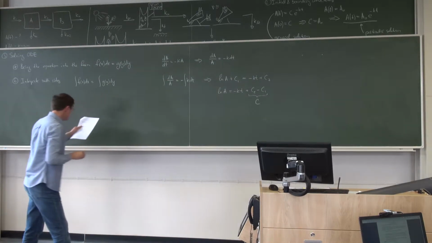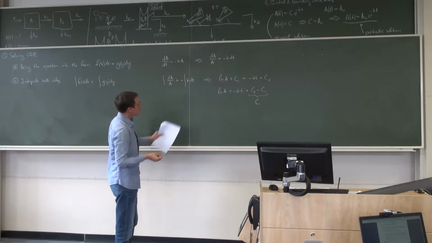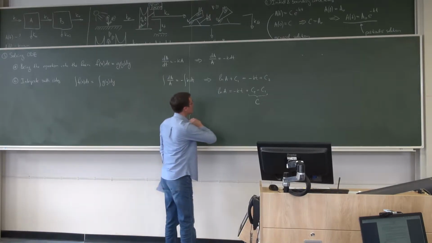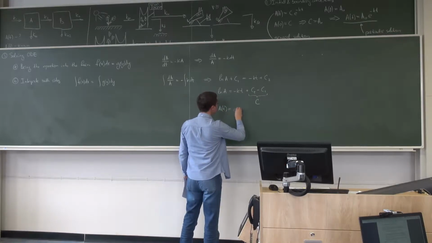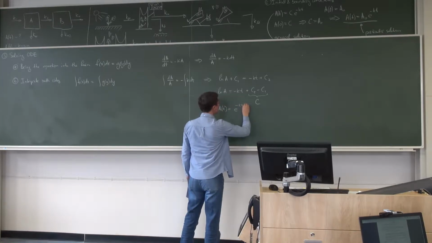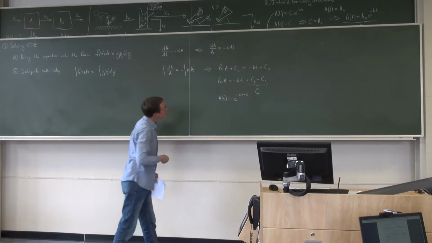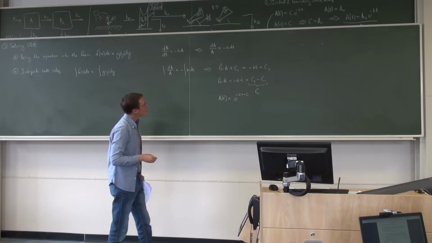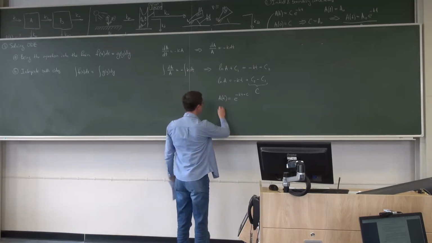Right? Then what we can do here is we can, well, try and solve this for A. That's exponential. Exponential of the log will be just A, and A as a function of time will be e to the minus kt plus a constant. Some further cosmetic simplifications are possible here. Exponential of a sum is a product of two exponentials.